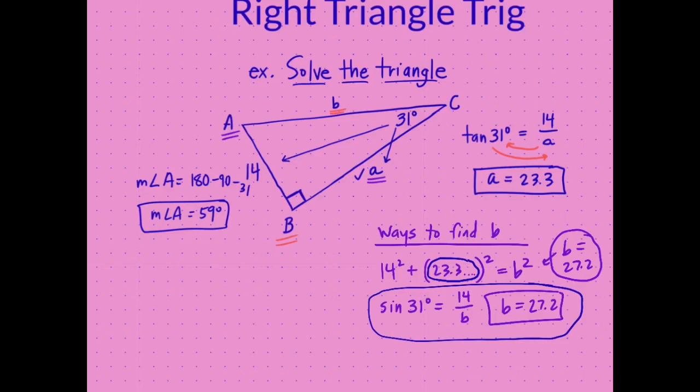But let's say you had made some sort of mistake or typo finding that 23.3. If this is wrong, then this is wrong, which makes this wrong. So my advice is to use the given numbers as much as possible, because you know they're right, and if you use numbers that you found, any small mistake makes your next question automatically wrong. So that's just an advice. But if you're right on your first one, if you're right on little a, then you would be right on little b too. So that's just an option for you.